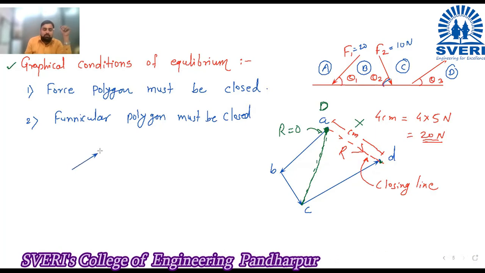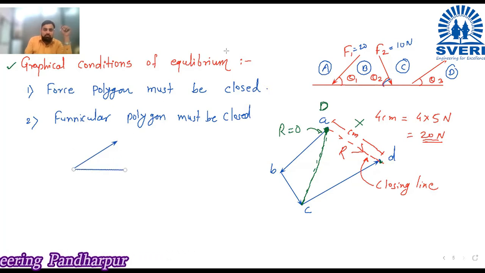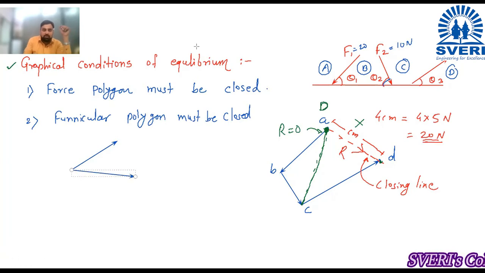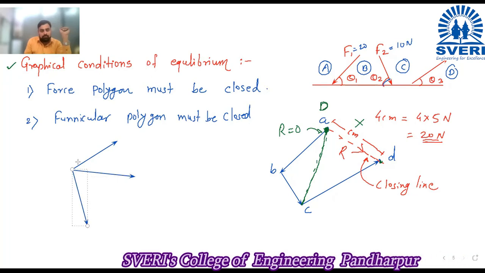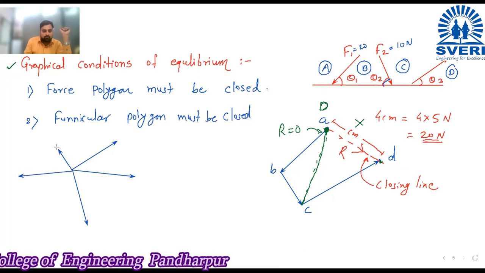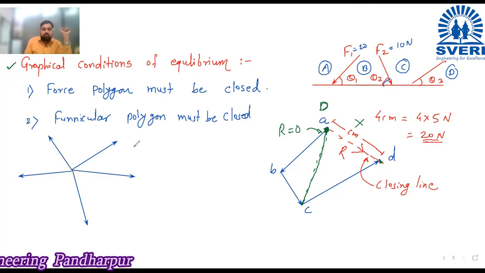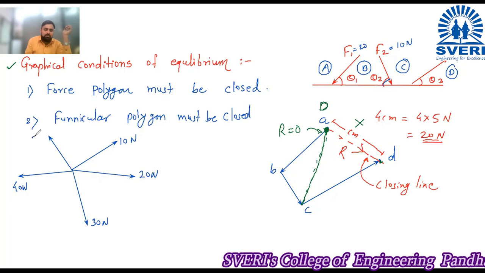Now suppose these types of concurrent forces are there, and I will take the values arbitrarily for your understanding: 10 Newton, 20 Newton, 30 Newton, 40 Newton, and 50 Newton.